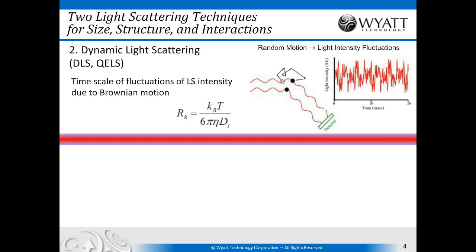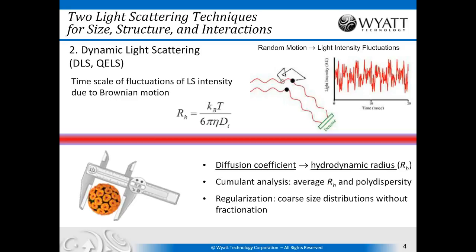The rate of fluctuation is related to the rate of the jittering around in solution, the Brownian motion. And so therefore we can analyze that to determine the diffusion coefficient. And once we know the diffusion coefficient, we can add in a few more parameters, temperature, viscosity, and so determine a different measure of size called the hydrodynamic radius RH.